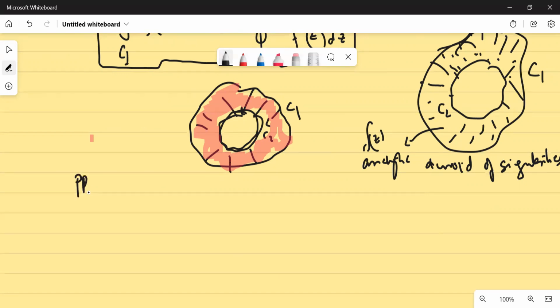So what does the principle of deformation of contours say? This is a very important theorem, please do understand.